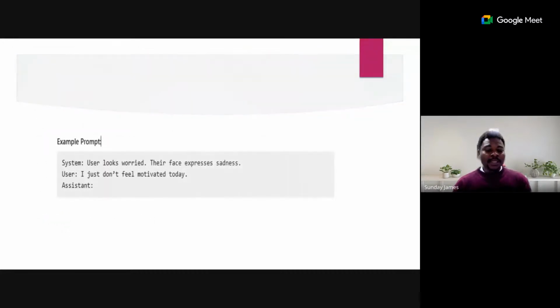Okay, now look at this example. Let's say the user enters a prompt like, "I just don't feel motivated." Since our emotion detection system is running concurrently in the background, when a user says something like this, those models pick up their facial expression and feed it into the system.